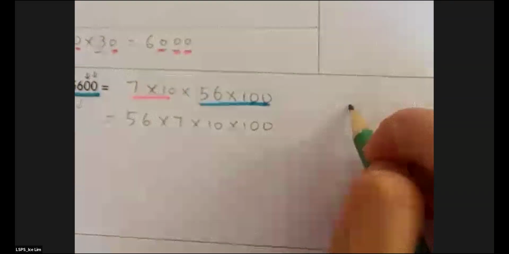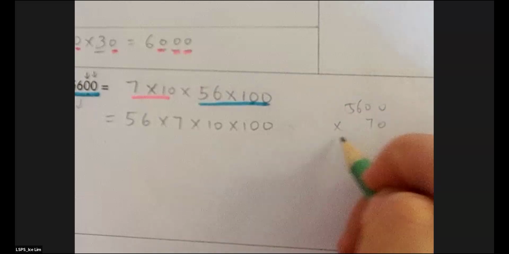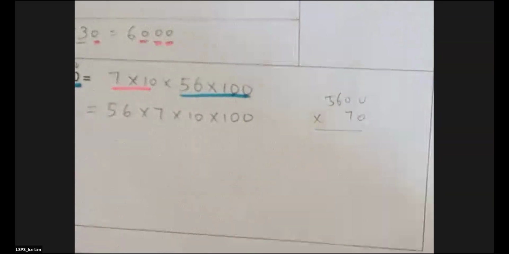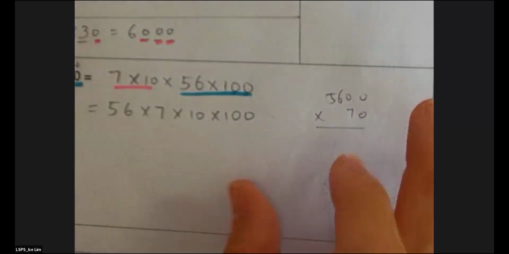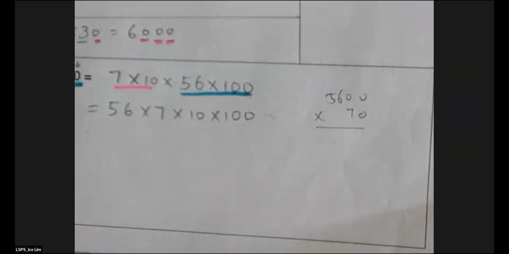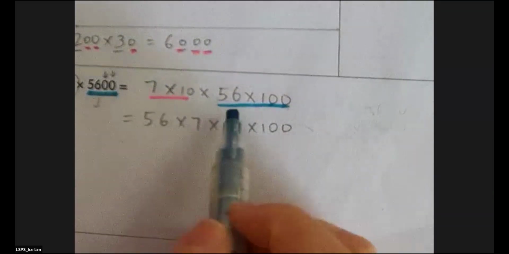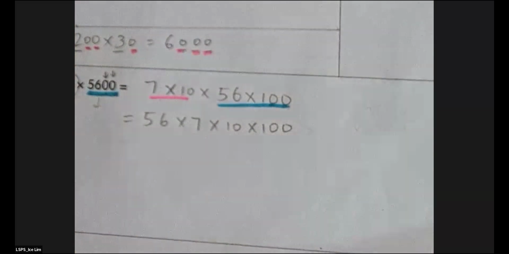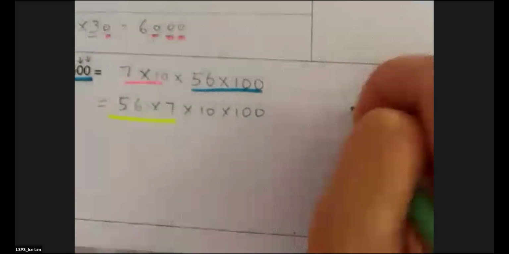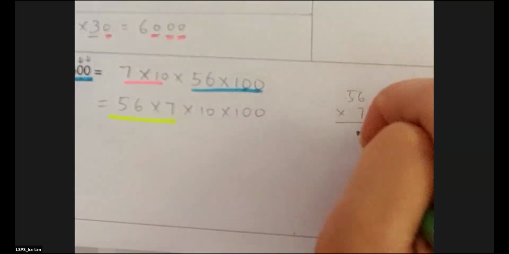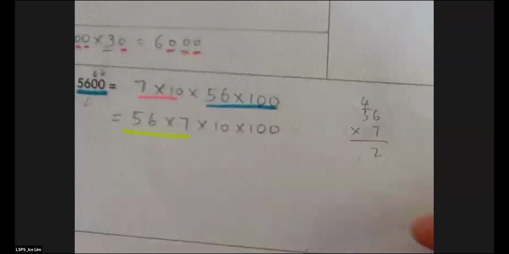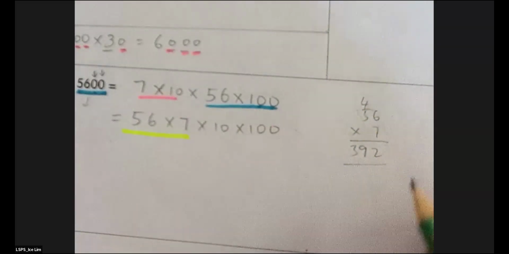If I did it the other way, it'll be a whole long thing, very messy, very hard to check, so not going to do that at all. I'm going to do this strategy. After I shuffle them together, I'm going to multiply this first, which makes it really easier, something I can manage. 56 times 7: 6 times 7 is 42, 5 times 7 is 35, 35 plus 4. So what do I get?